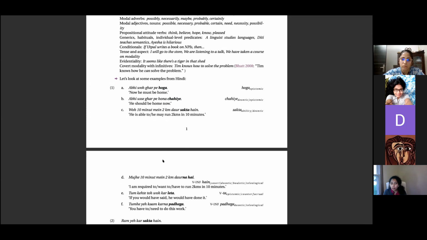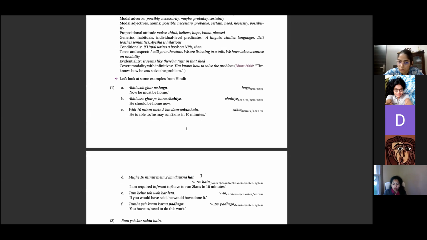Then you have mujhe 10 minute mein 2 kilometer daudna hai, where you have this infinitive form of the verb and the hai. This construction is your covert infinitive construction, which you will notice has 3 possible flavors. It can be covertly deontic, or bulletic, or teleological.